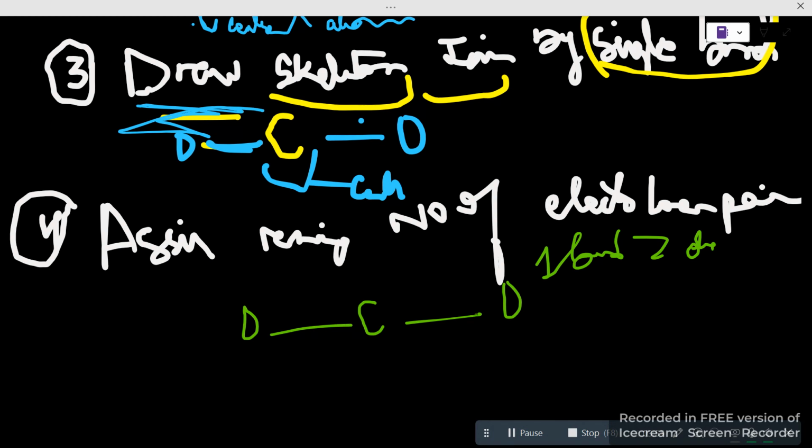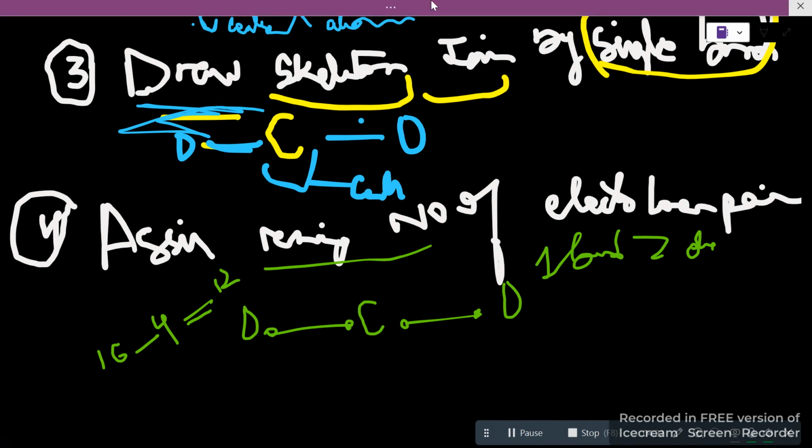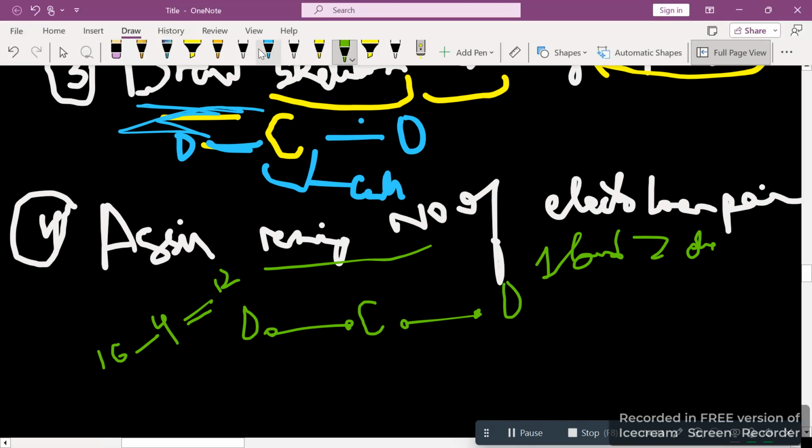So if I make one bond, here is one electron and here is also one electron, and the same for the other bond. If four bonds are here, the total we got for CO2 was 16. So 16 minus 4, we can say we have 12 left. So we will assign the remaining electrons as lone pairs.